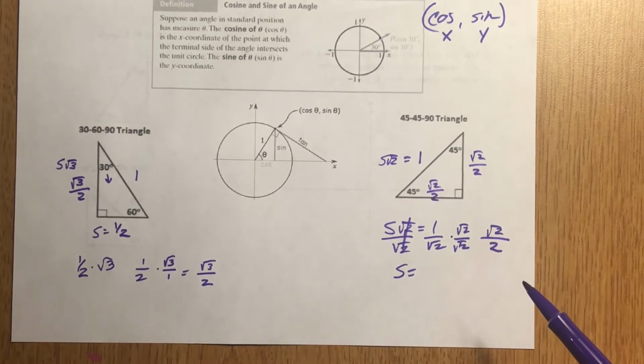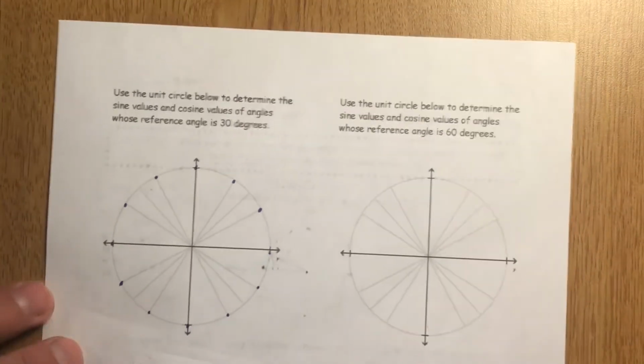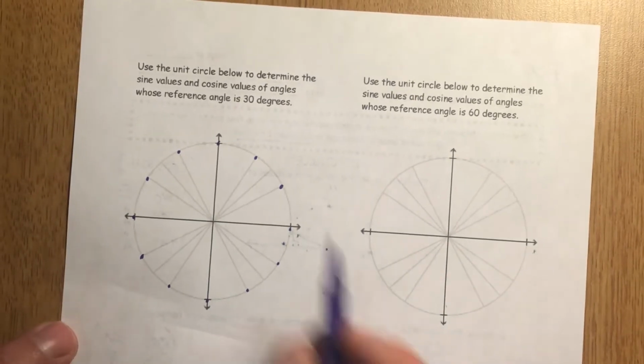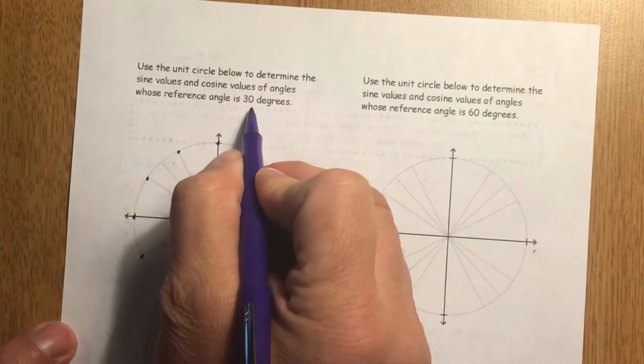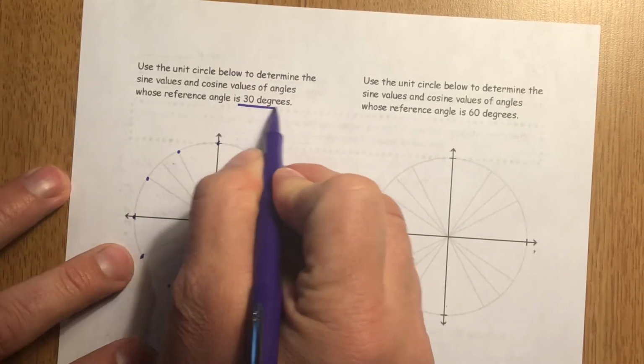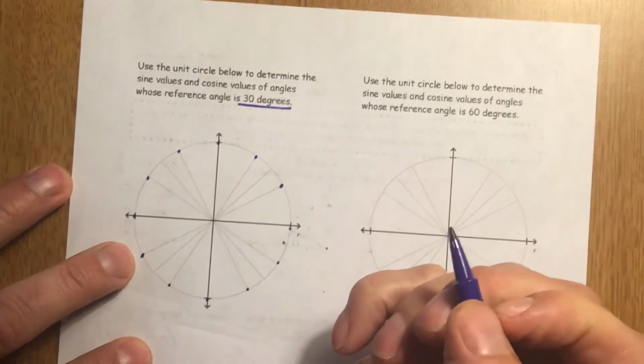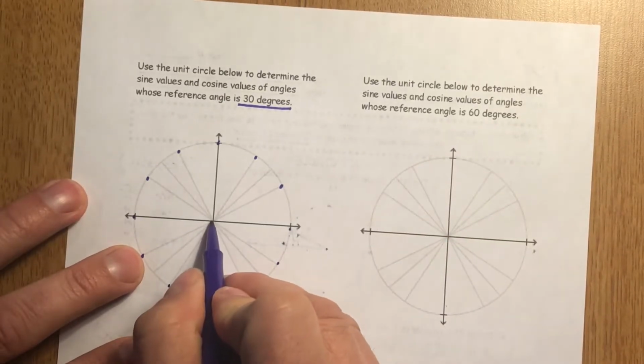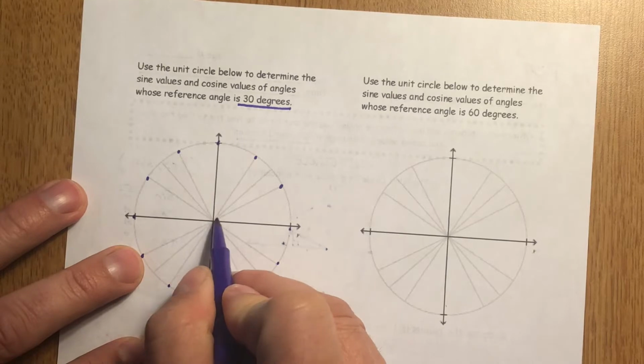Okay, so let's flip it over to the back of your notes and see if you guys can follow along with me. It says use a unit circle below to determine the sine values and cosine values of the angles whose reference angle is 30 degrees. You guys remember what that reference angle is. The reference angle is the angle that's created with the terminal side.